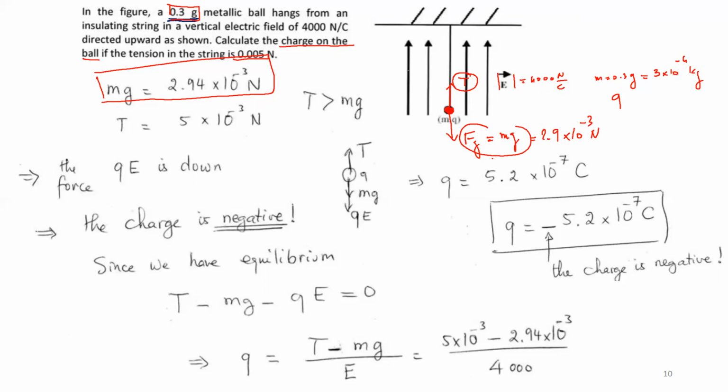But here I have a charge, so I'll have an electrostatic force. And here you see something. Okay, that means that I have a third force, which is an electrostatic force.